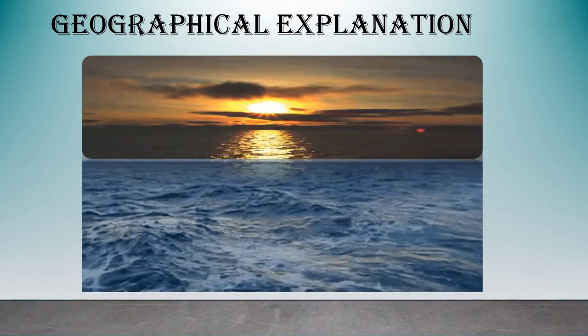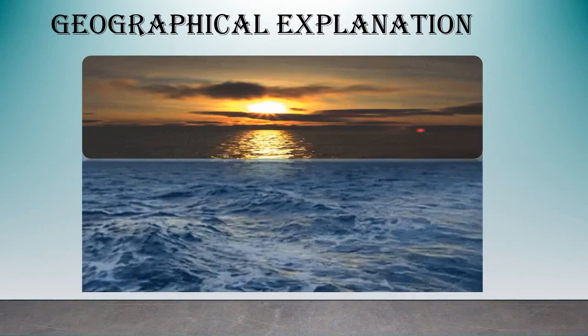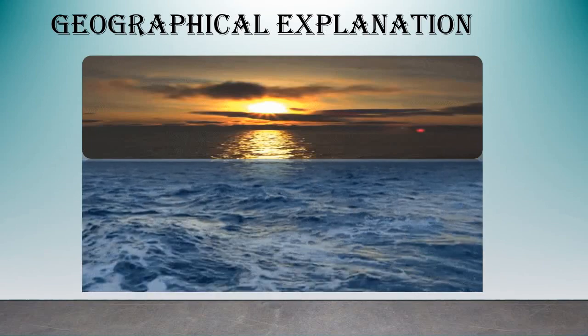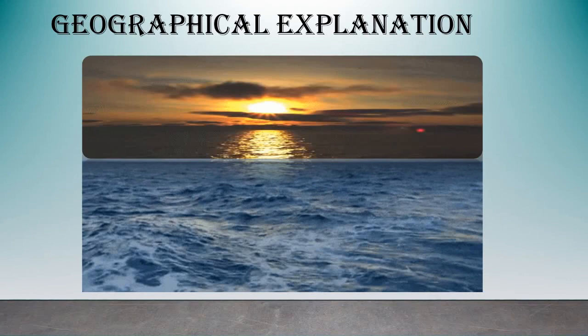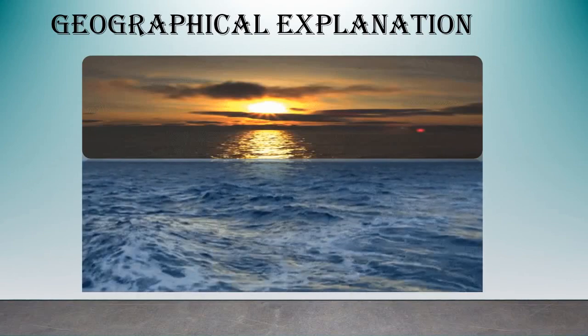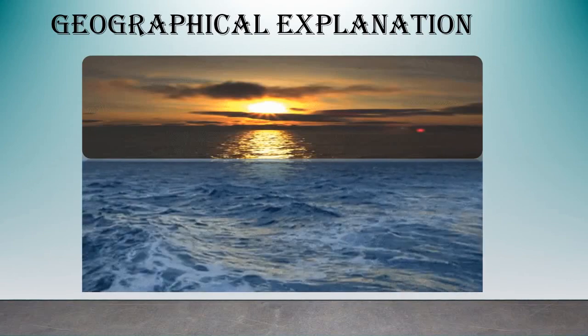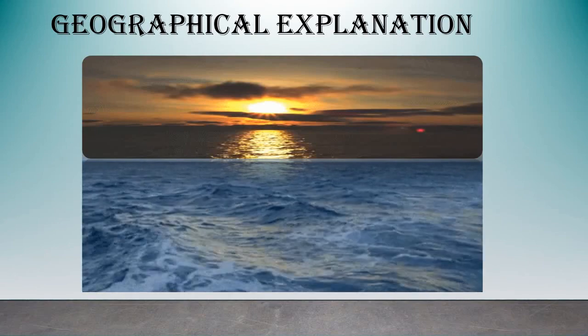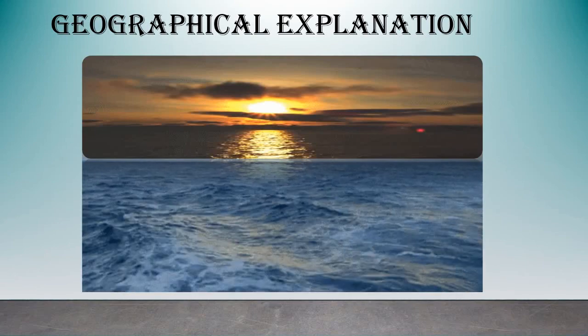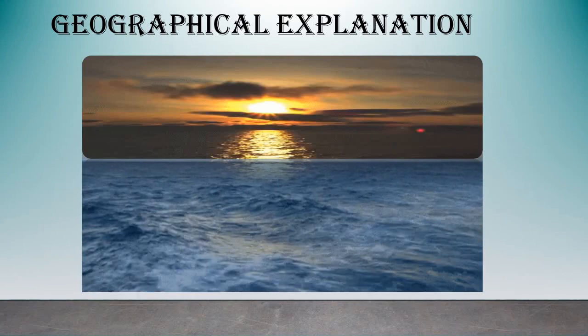Therefore, we have seen that the temperature decreases up to 2000 meter depth. After 2000 meter depth, the temperature of the seawater is uniform everywhere. It is around 4 degrees Celsius everywhere from the equatorial region to the polar areas.